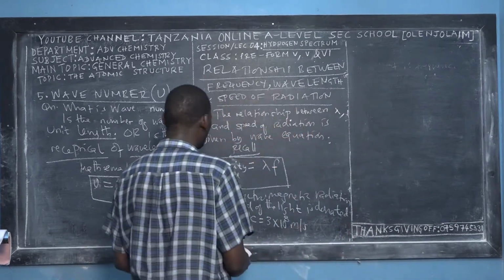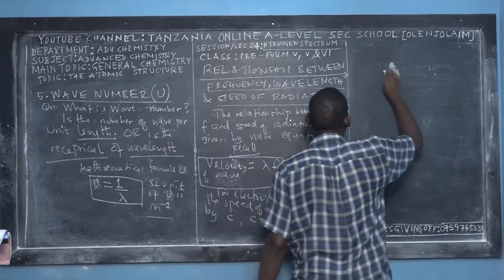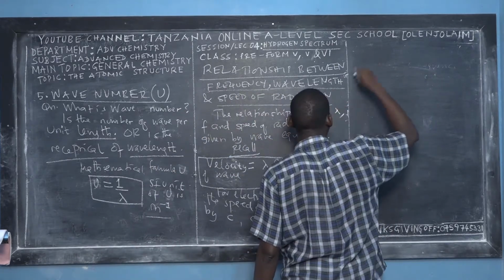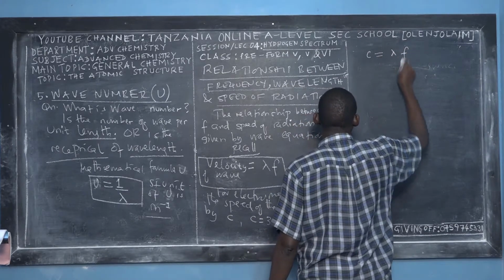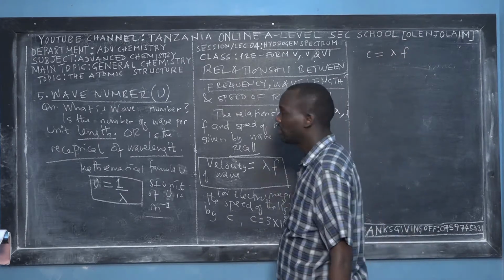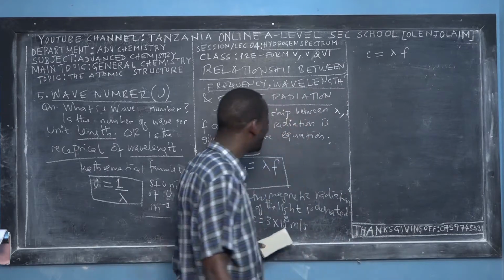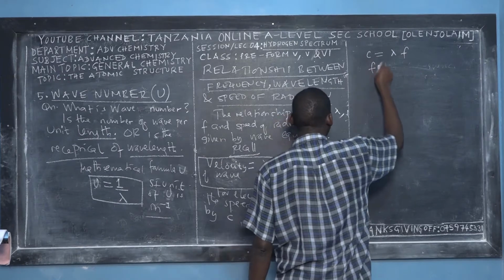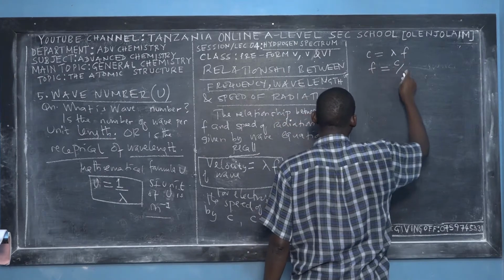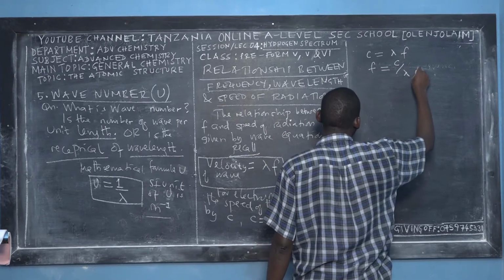From this formula, the velocity of the wave, which is C, is equal to wavelength times frequency. The speed of the light is constant, always. So in most cases we make frequency the subject, so you get the speed of the light over wavelength.